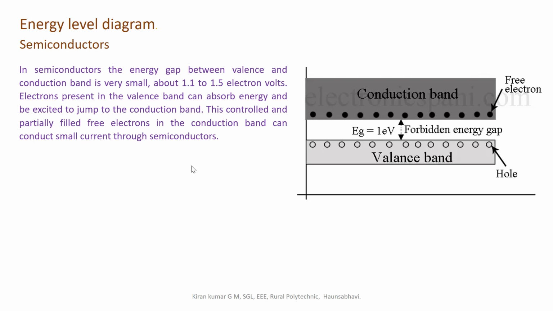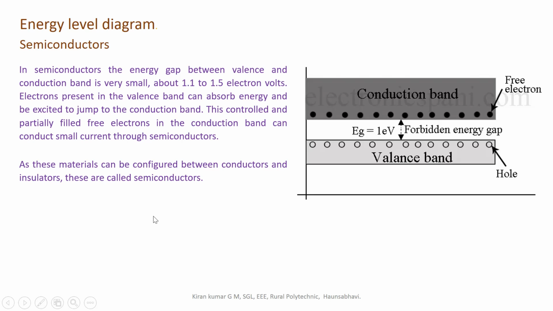And when brought to room temperature, a few free electrons are available in the conduction band for the conduction of current, and they start conducting electric current gradually. That's why these are called semiconductors, having electrical conducting properties in between those of conductors and insulators.